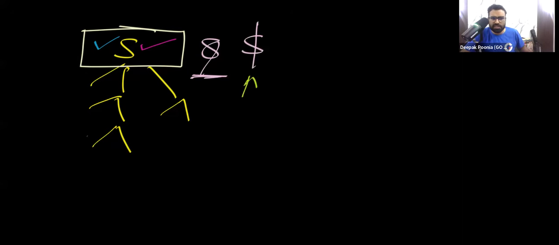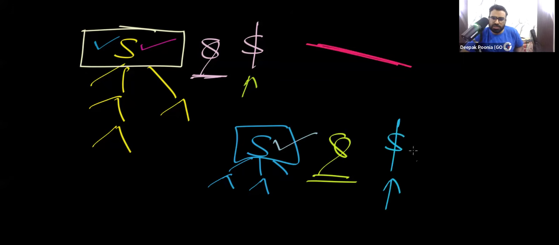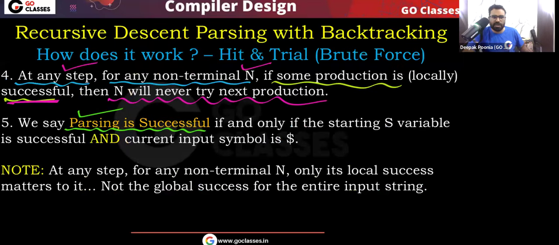So these are two conditions. The first is that the starting S variable should be successful. And also the input string must be consumed, meaning your current input symbol must be dollar. Then we say that parsing is successful.